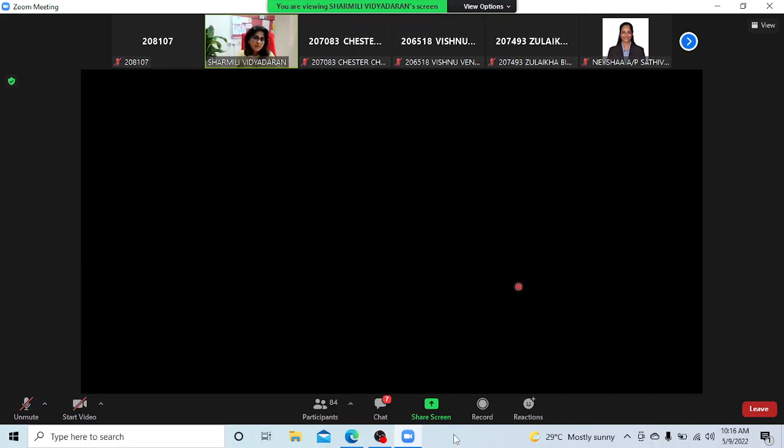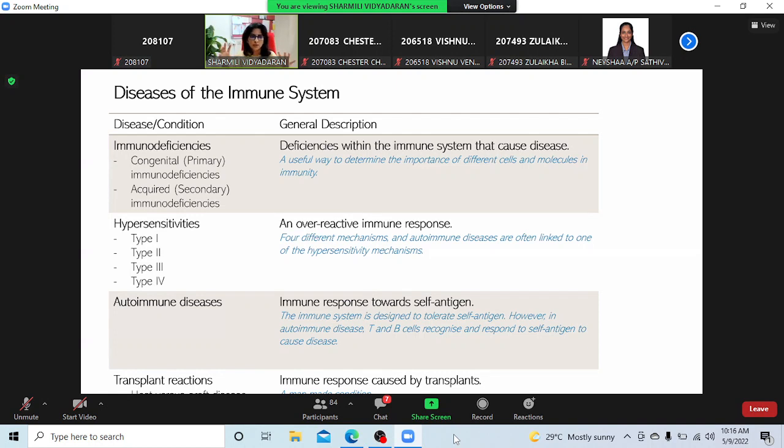But transplants can fail because the patient's immune system can react to the transplant. And so that is also considered a disorder of the immune system. So there you go. Diseases of the immune system: immunodeficiencies, hypersensitivities, autoimmune diseases, and transplant reactions, all of which you will learn during the course.